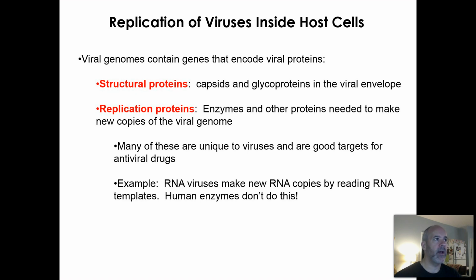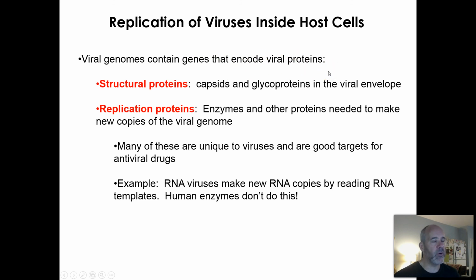Okay, a little bit more about virus replication. Again, the genome of the virus does have genes on it. The number of genes varies according to the type of virus. Some viruses just have a few genes that they need, and some viruses will have over 100. It depends on the type. Those genes code for the virus's proteins.